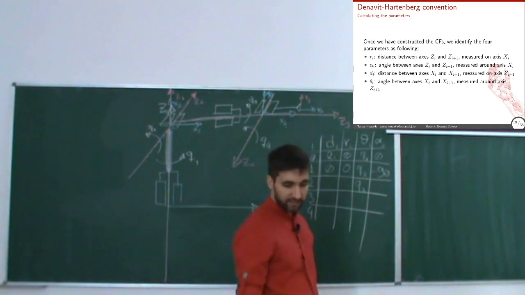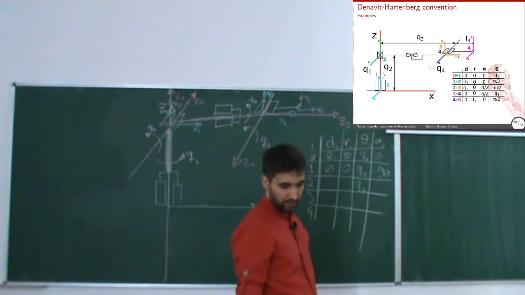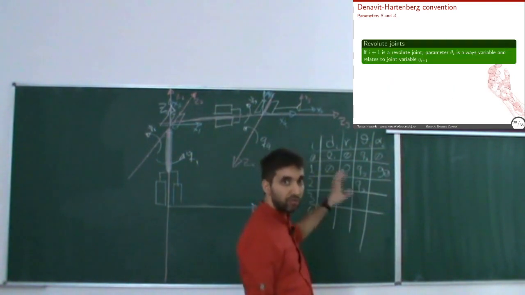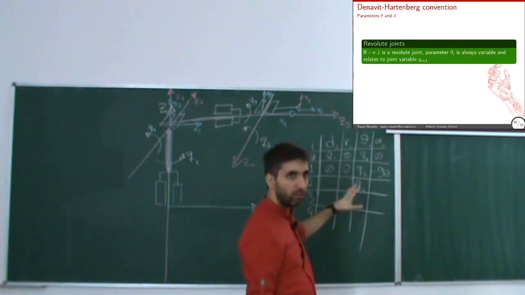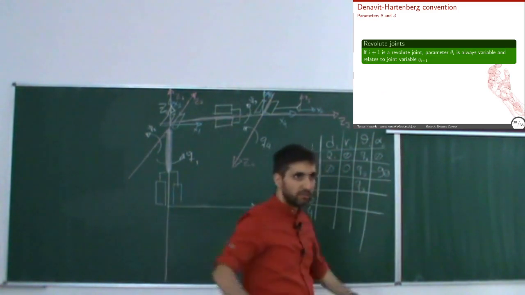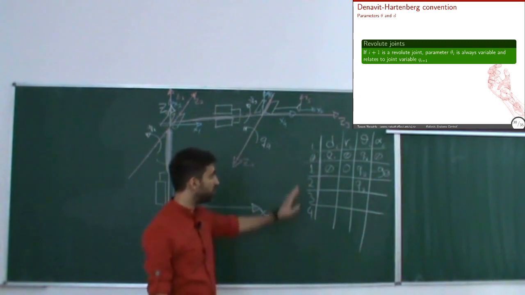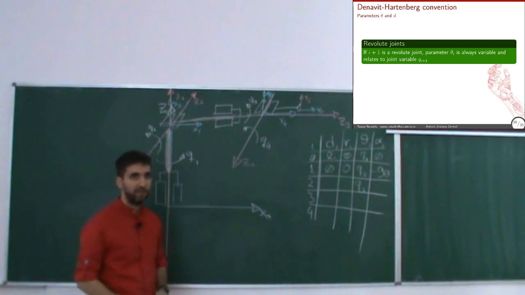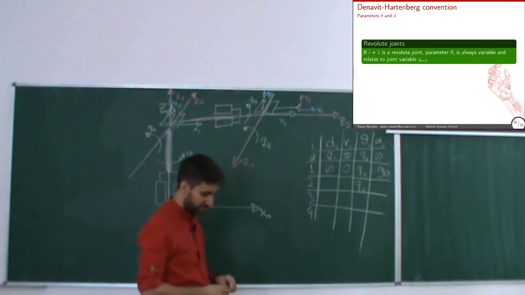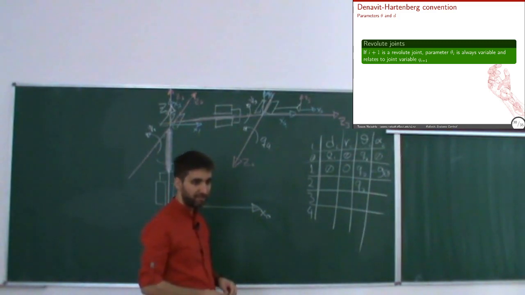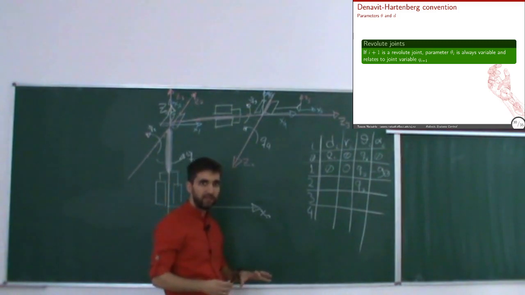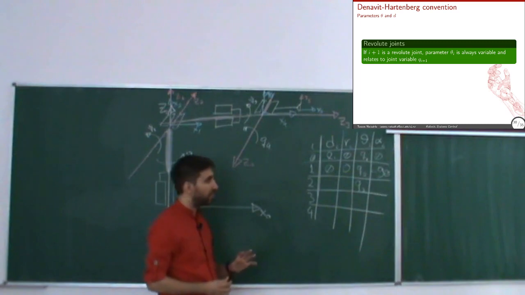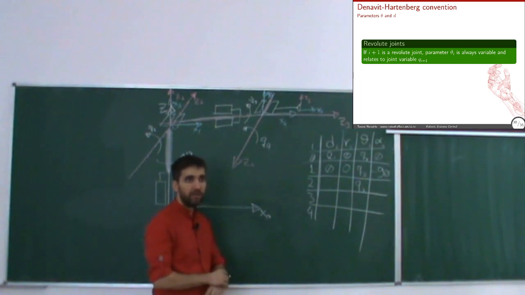The idea is, when I have a revolute joint, my theta will always be related to a Q. Always. So you get one parameter for free. That's how the convention is defined. That will always give me theta equals Q3 if I have a revolute joint.